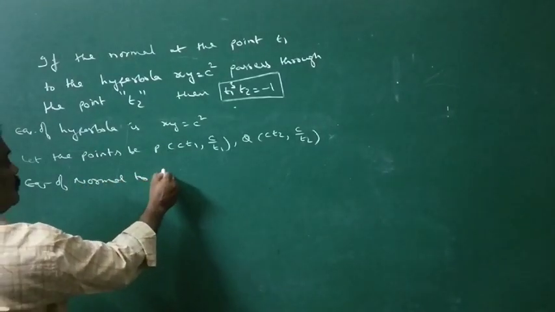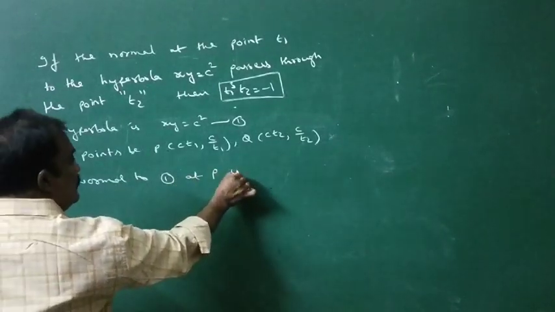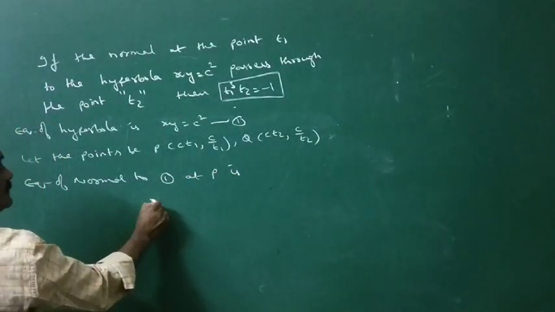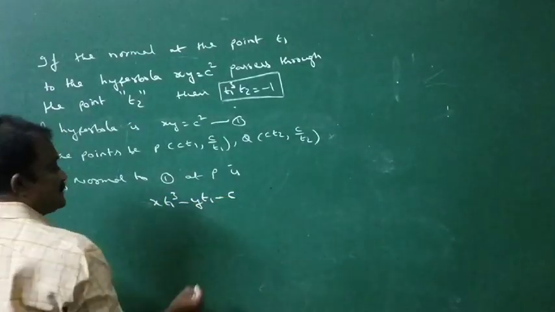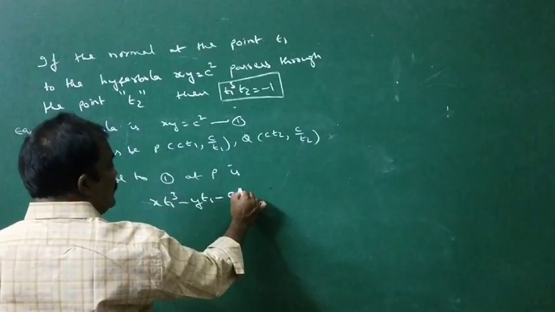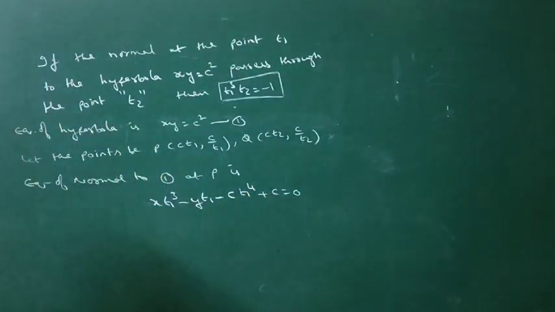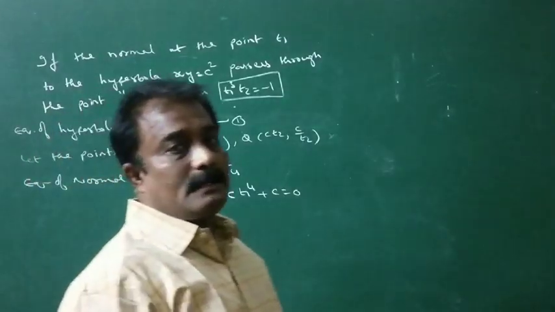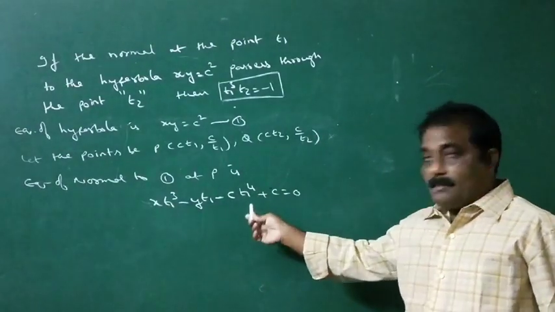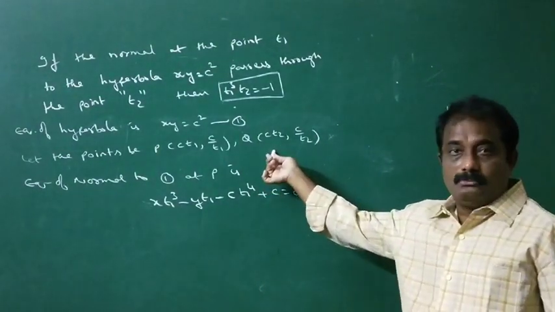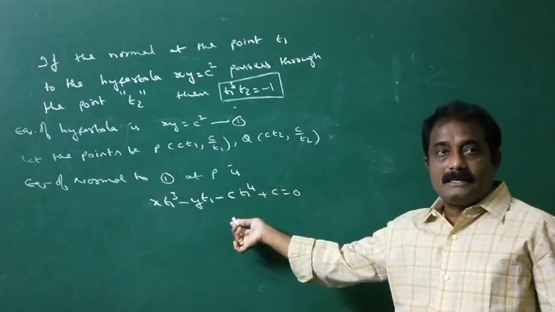Therefore, equation of normal at P is x T1 cube minus y T1 minus c T1 to the power of 4 plus c equal to 0. This is the equation of the normal to the hyperbola at the point P. Now, this normal passes through this point Q. For that purpose, we have to substitute the point Q in this normal.